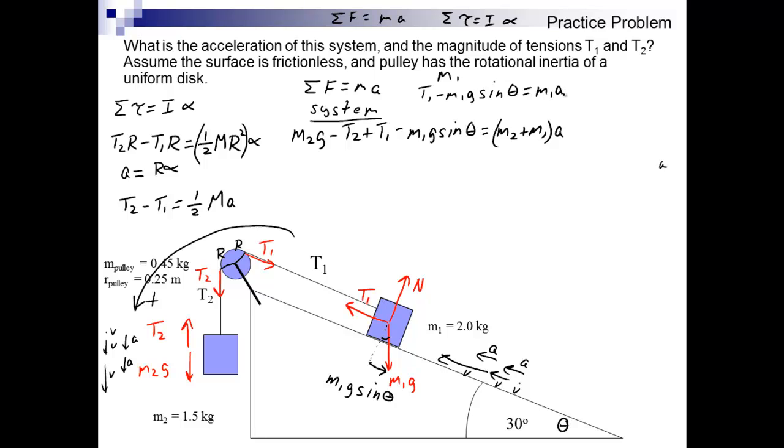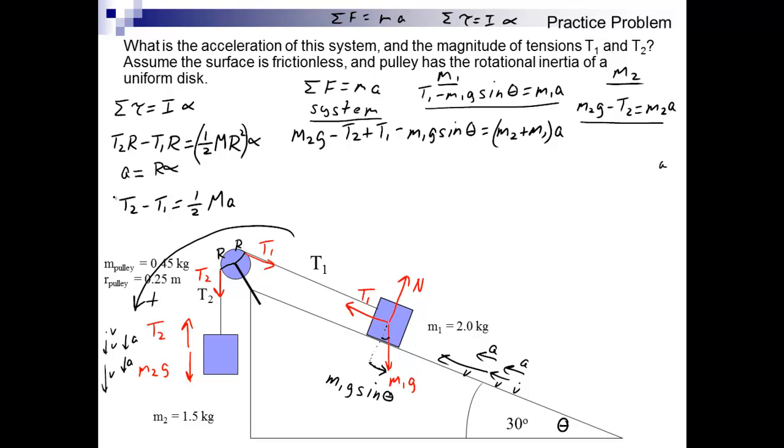That's just the equation for M1 individually. And the equation for M2 would be M2G minus T2. That would equal M2A. So again, we may not necessarily need the equations individually for M1 and M2, but we never know. It depends on what the problem asks us later.